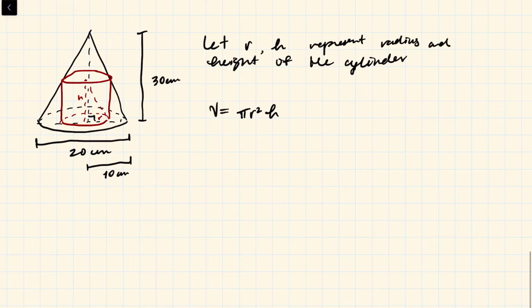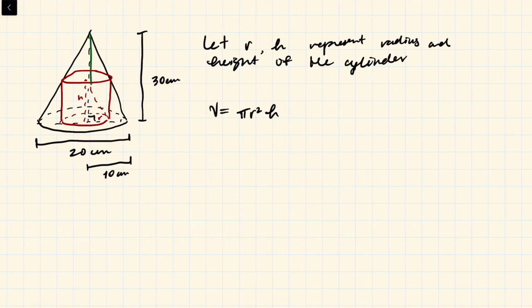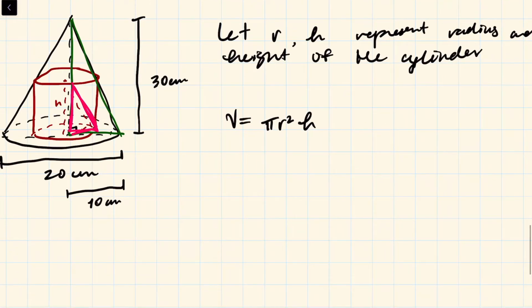Okay, so notice in this bigger cone here, we have like a triangle here, right? And then there's like a smaller triangle within that triangle, representing the height here and the radius of the smaller cylinder. And then in the bigger one, it's the height of the cone and the radius of the cone.